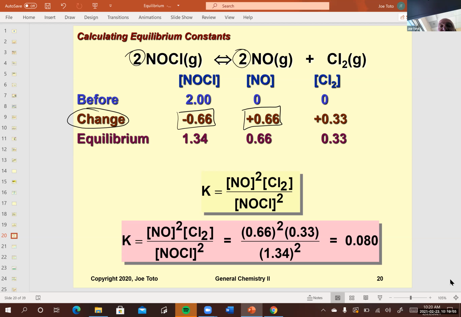And since this is half as much, this change is going to be half as much. How can I represent that algebraically? I can put a 2x here and a 2x here, and that would make this x. So it's a mathematical way to represent that change.